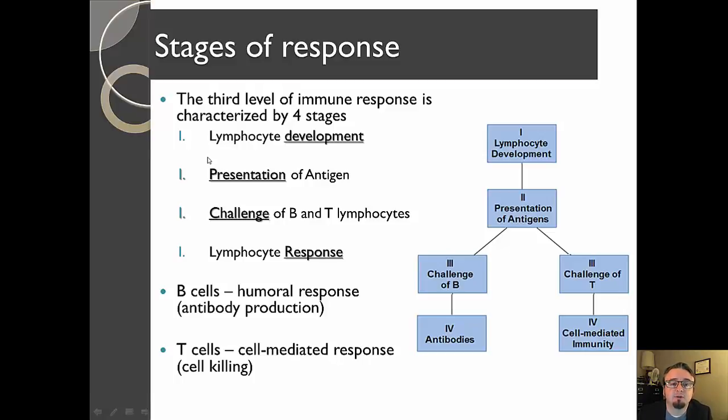Presentation is when the antigen is actually brought to the B or T cell. Challenge is the interaction of the antigen and the receptor, and the response is what happens thereafter, humoral and cell mediated. And again, you have 2 different branches here for the 2 forms of lymphocytes, the B cells and the T cells.